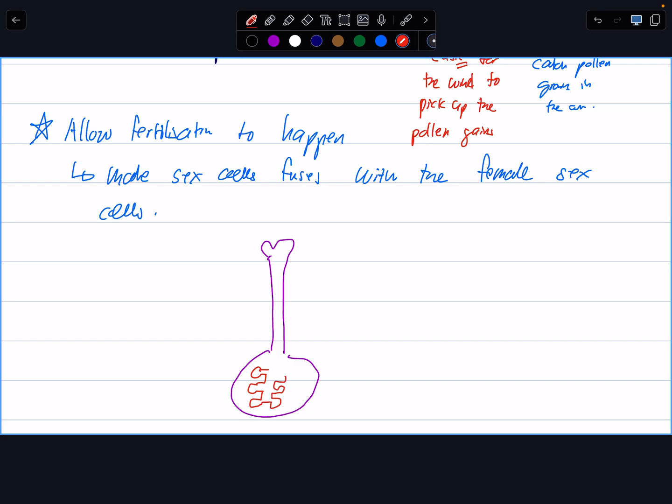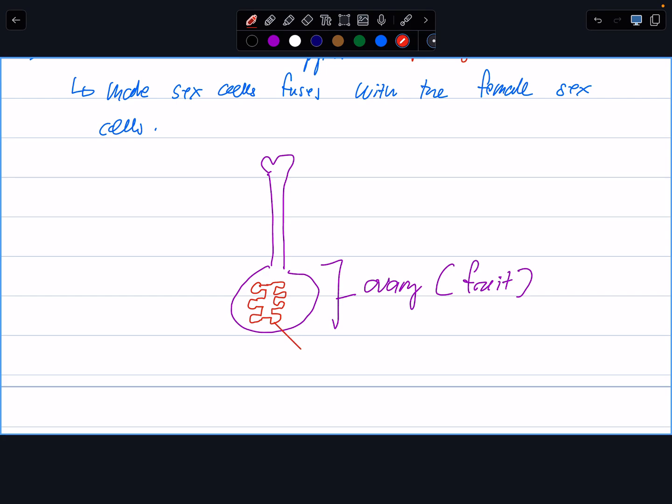Pardon my horrible drawing, but I'm trying. So this whole structure here in purple is known as your ovary. This forms the fruit eventually. Whereas each of these, this is called the ovule, is a seed. It will form the seed eventually.